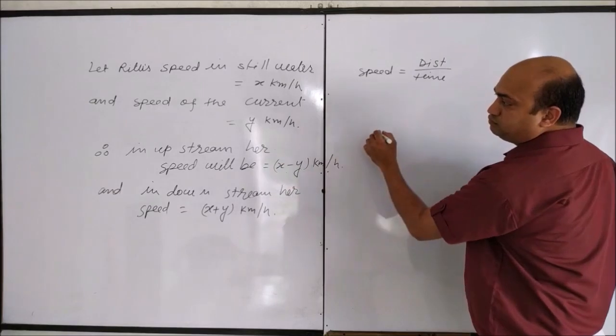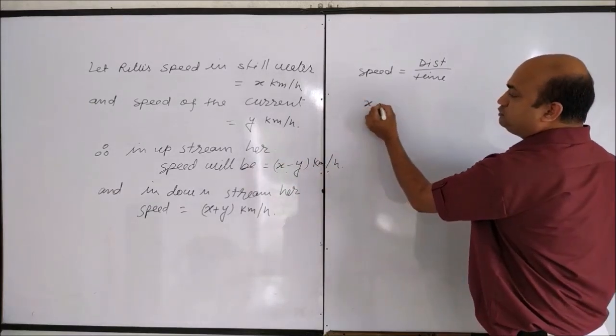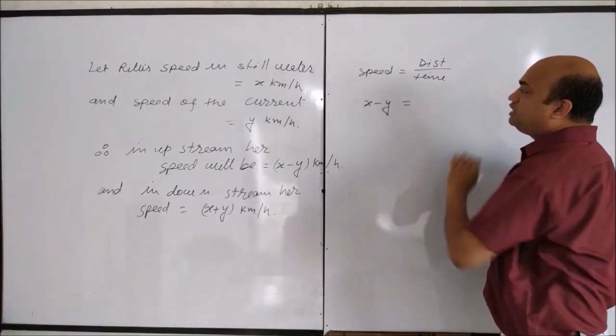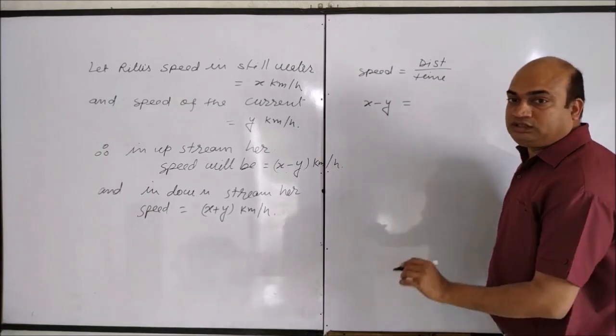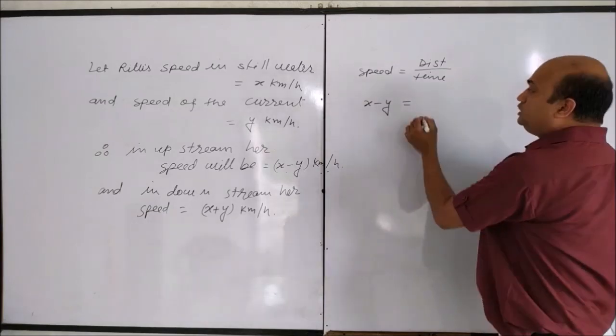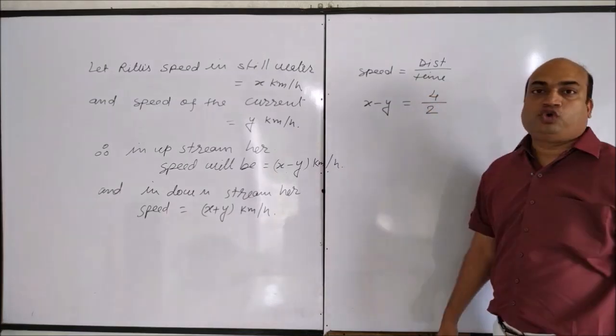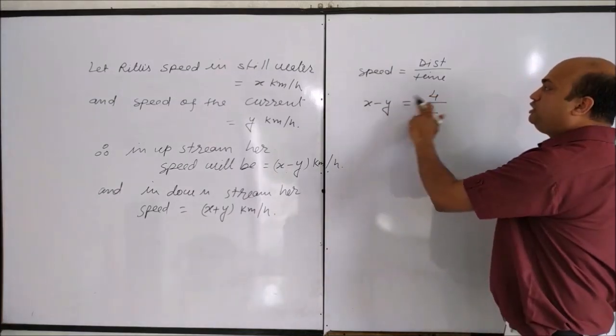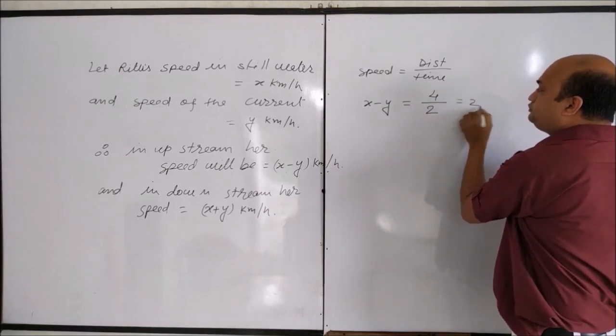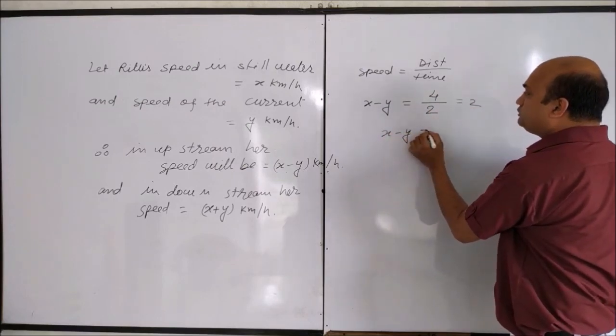In upstream, her speed is x minus y kilometer per hour and she rows 4 kilometer in 2 hours. So speed equal to distance upon time. We will get from here x minus y is equal to 2.